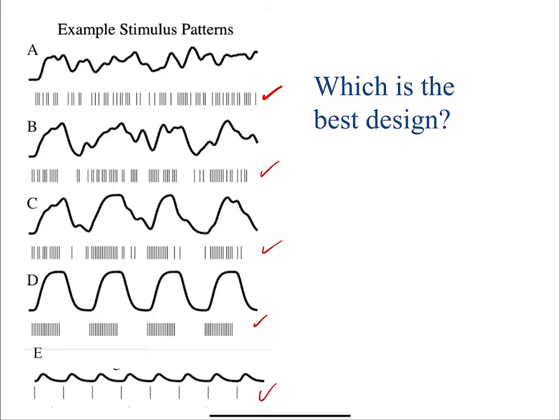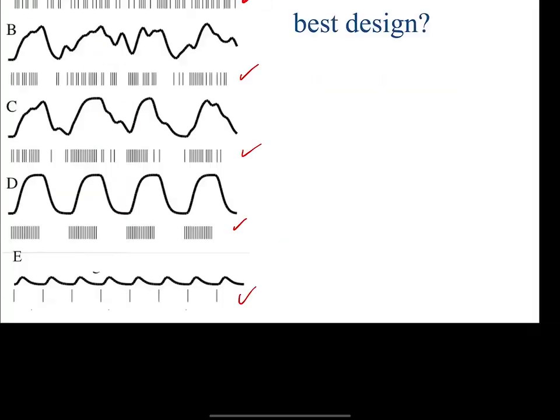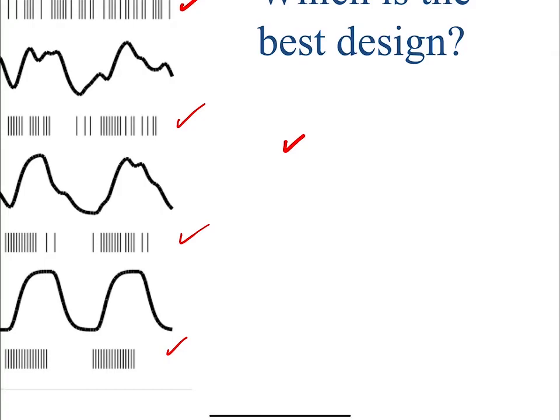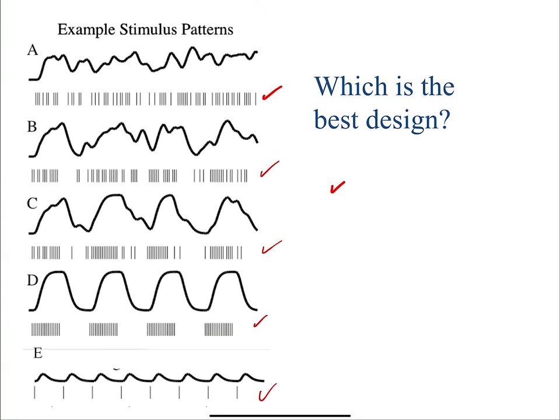Anybody? B? A few votes for B. How about C? Some votes for C. D? And E? Good. All right, so they're all very good designs. The bottom line is any is okay, and it just depends on what question you're asking.